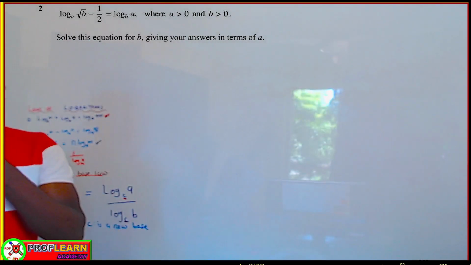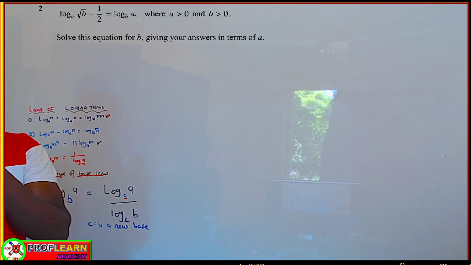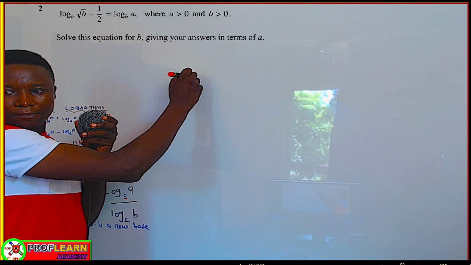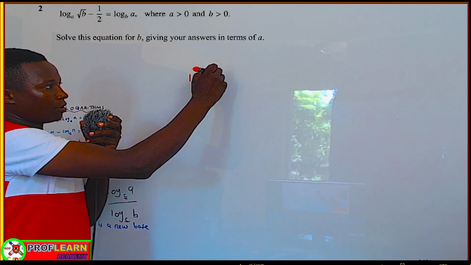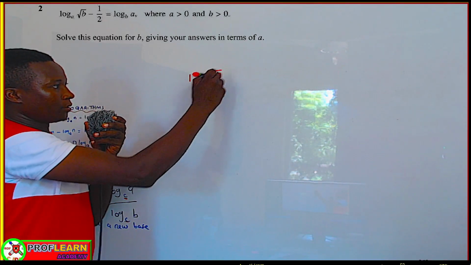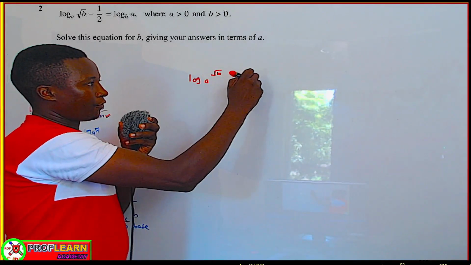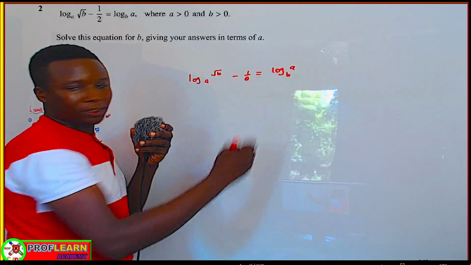In this next question, we are given log of root b base a minus a half equals log of a base b.